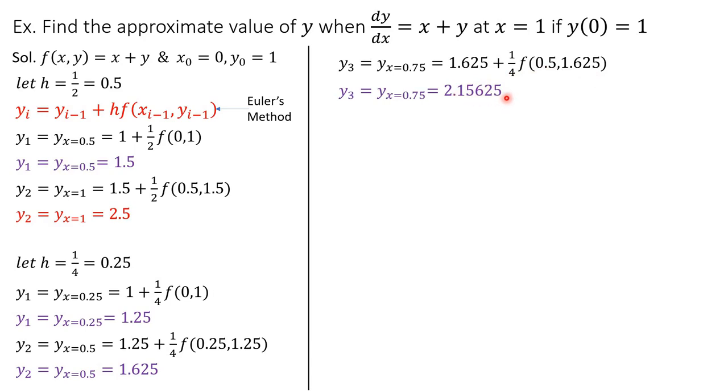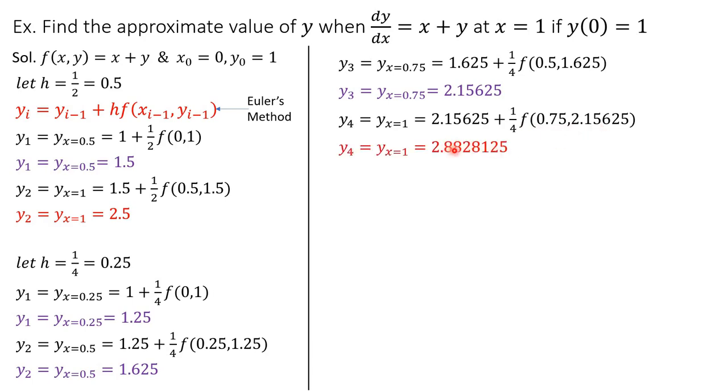All right, next we will find y4, which is y at x is equal to 1, will be y3 plus h into f evaluated at x3 y3, and it is equal to 2.8828125. So this is our answer when we take h is equal to 0.25.